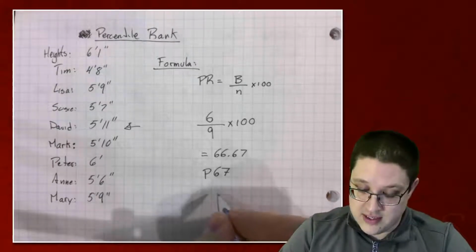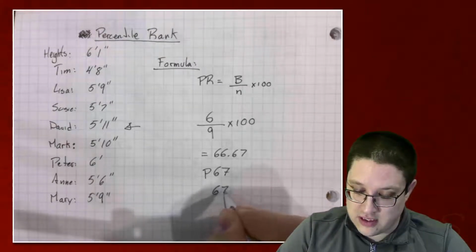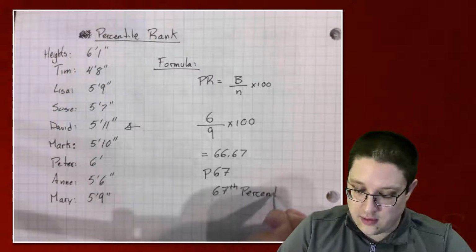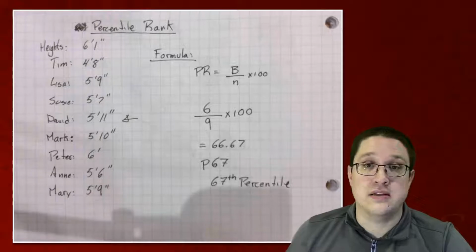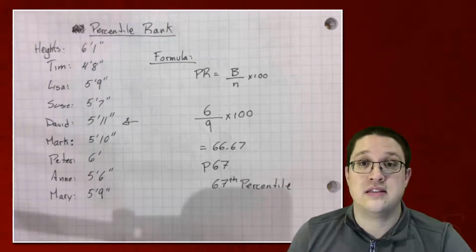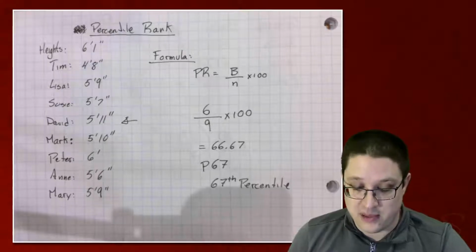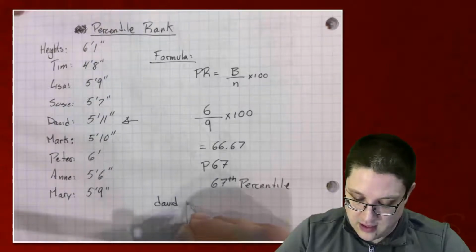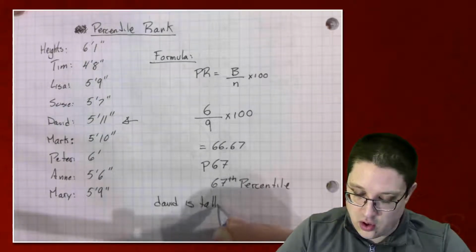Now, 67, or if you prefer, 67th percentile, means that David is taller than 67% of people in this group.